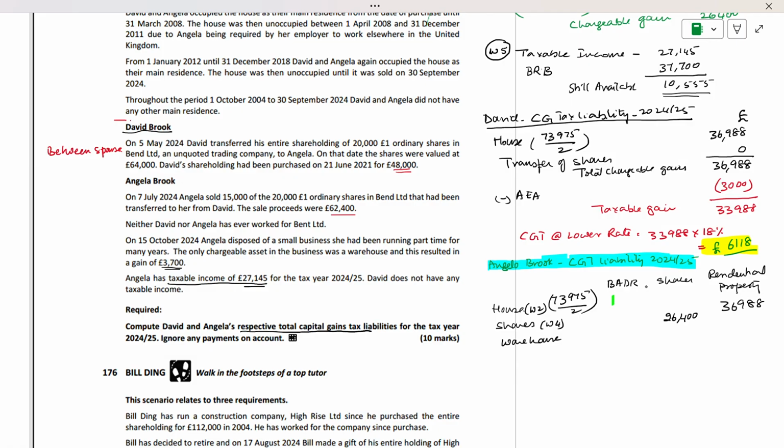There is an order. AEA should be deducted first from which one? The non-qualifying one. Residential property first, then shares second. Good.